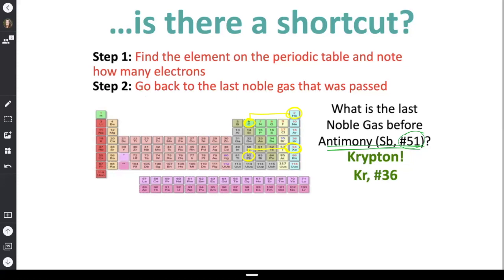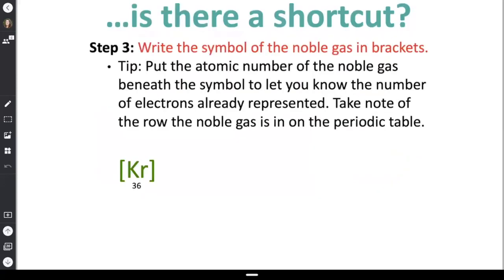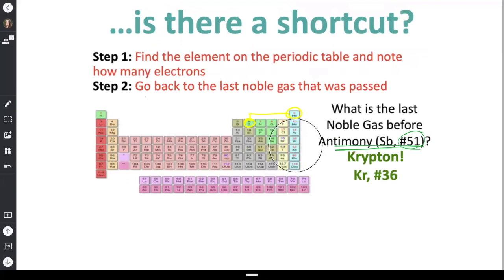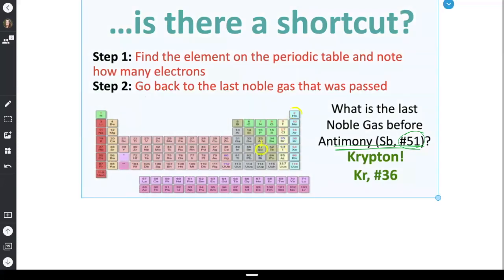Then step three: write the symbol of the noble gas in brackets. So whatever noble gas you use to abbreviate, write it in brackets. For antimony, remember we were looking at Sb, antimony. The last noble gas that I passed was krypton.